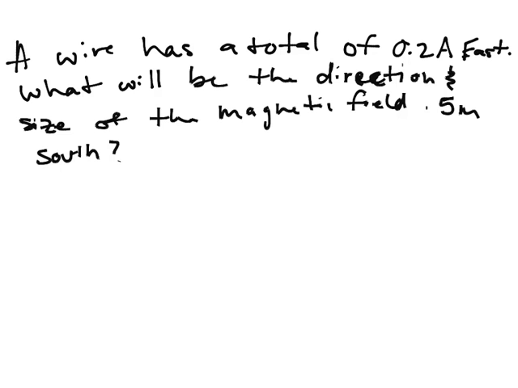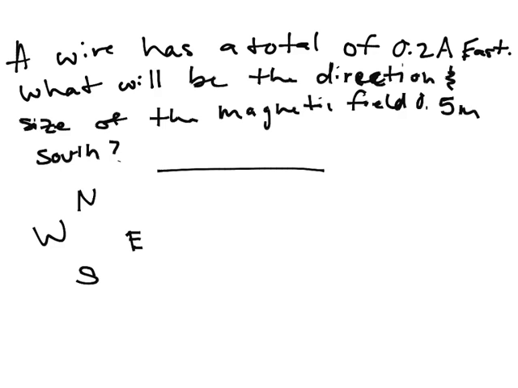Alright, first step is always to read the question. A wire has a total of 0.2 amps going east. What will be the direction and size of the magnetic field 0.5 meters south? First off, you should probably always draw a picture so you have an idea. Remember, never eat soggy waffles.